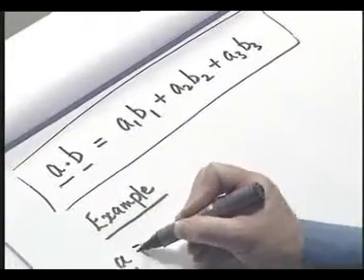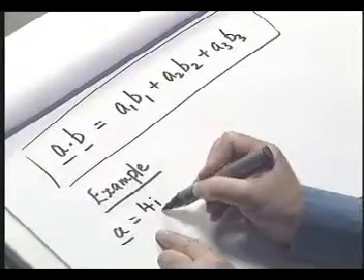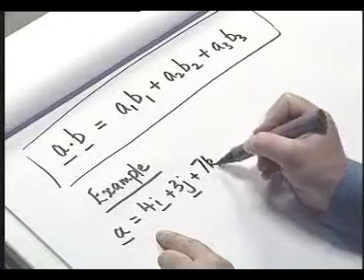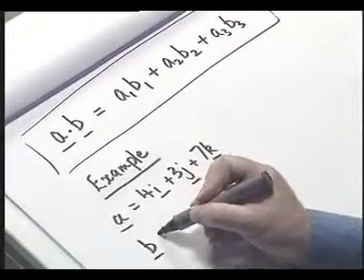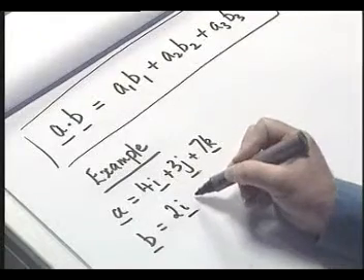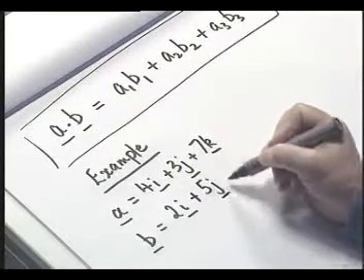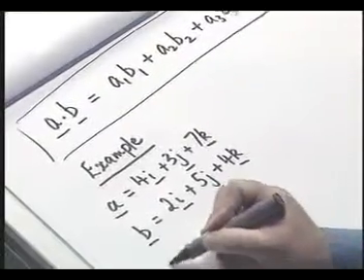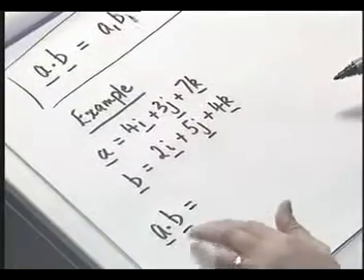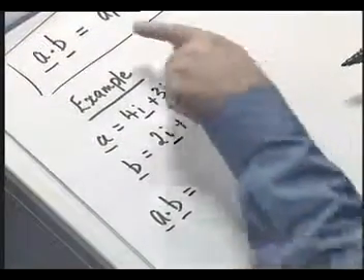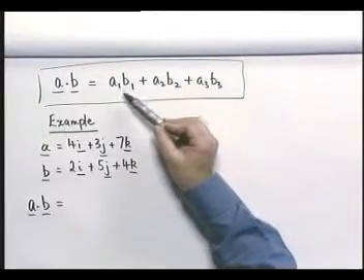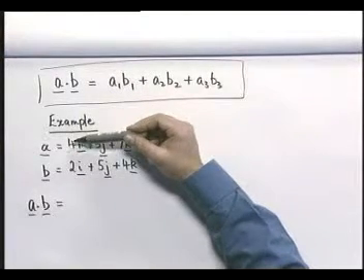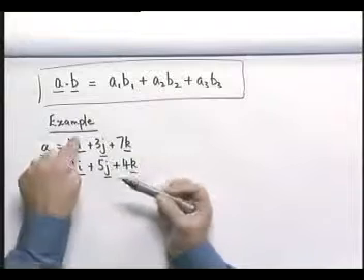Suppose the first vector A is this one, 4i plus 3j plus 7k. And suppose B is the vector 2i plus 5j plus 4k. And suppose we want to calculate the scalar product A dot B. Well, this formula tells us that we multiply the corresponding i components together, A1 B1. This is A1, 4. This is B1, which is 2. So we multiply the 4 by the 2.